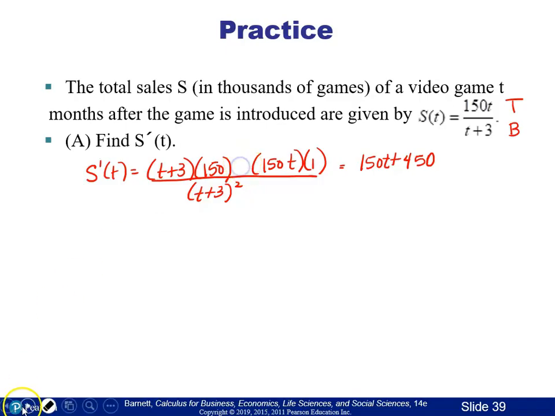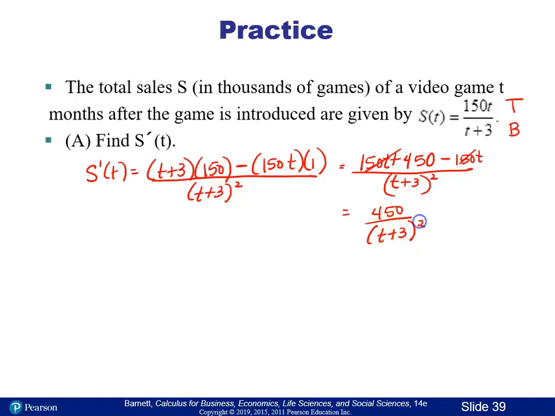Since it's a quotient, it does need to be subtraction. So we're going to subtract the 150t. Those are going to cancel, and we're going to have 450 over t plus 3 squared.